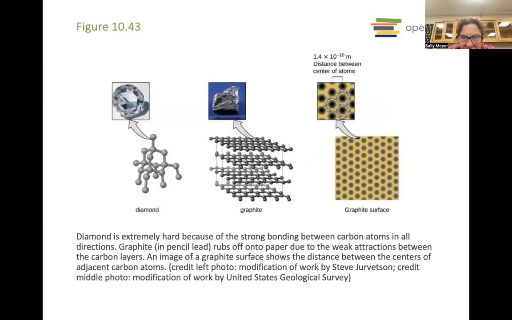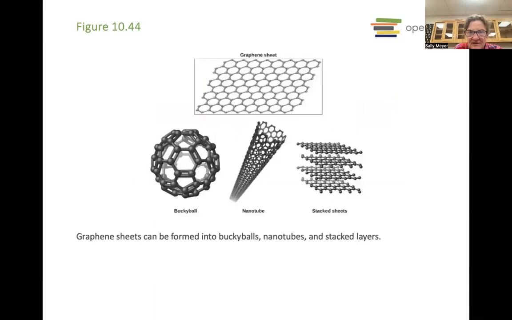And these are just showing you those structures and how they contribute to diamonds' very stable situation, and graphite, which is your pencil lead. Graphene is another form of carbon that was only discovered in about 2000. And so graphene is actually taking graphite and removing the sheets from each other so that you have single sheets.